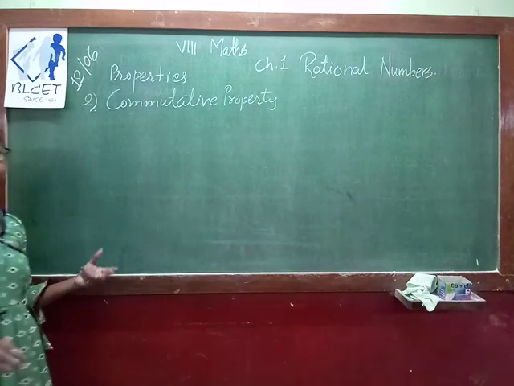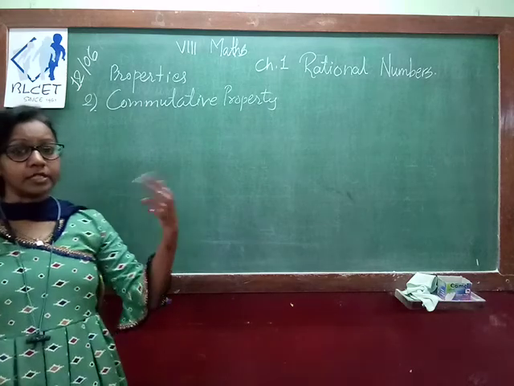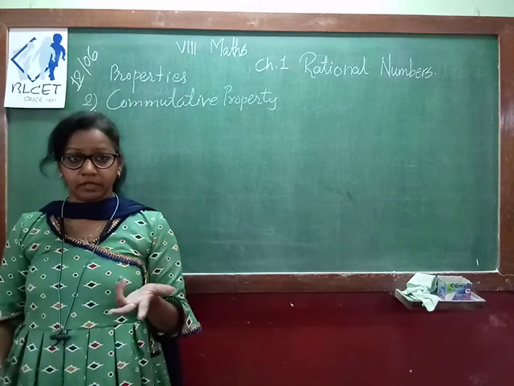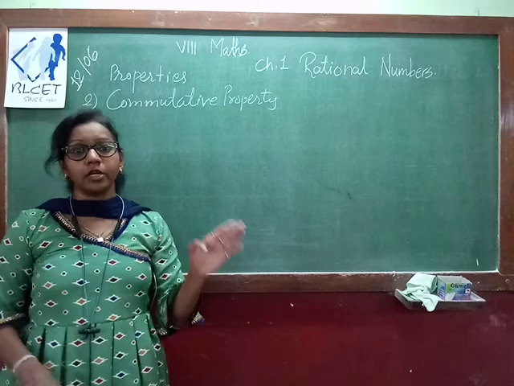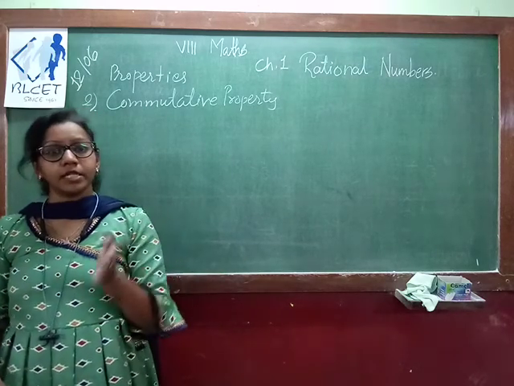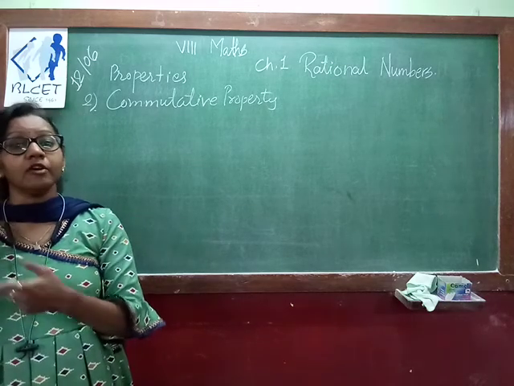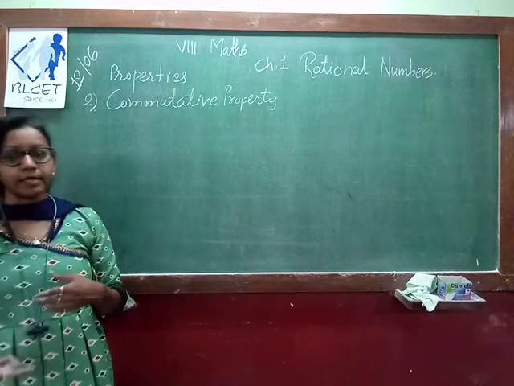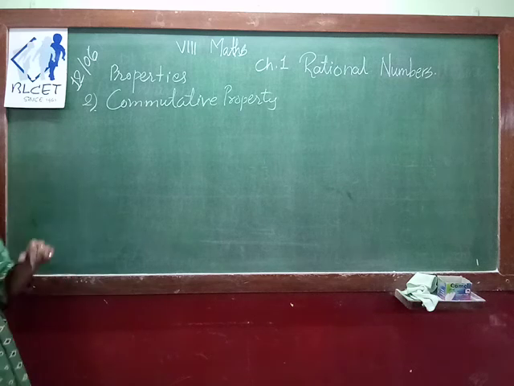If you take any two rational numbers and do addition, subtraction, multiplication, division, we have to check. Okay, after changing the order of addition, do we get the same number? After changing the order of subtraction, do we get the same number? For multiplication, do we get the same number? And for division also, do we get the same number? That we have to check.